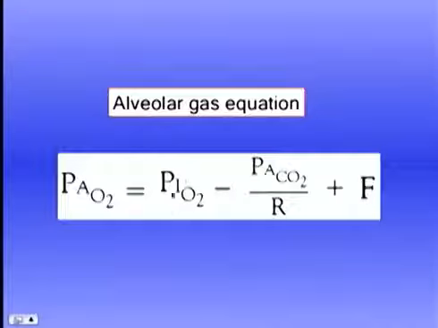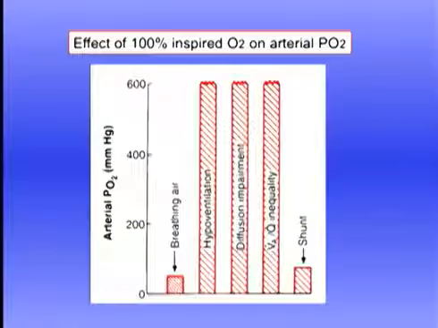For example, if you raise the inspired PO2 by 100 and the PCO2 and the R remain constant, then the alveolar PO2 will increase by the same extent. So increasing the inspired oxygen concentration in hypoventilation is very effective in increasing the alveolar PO2 and therefore the arterial value.